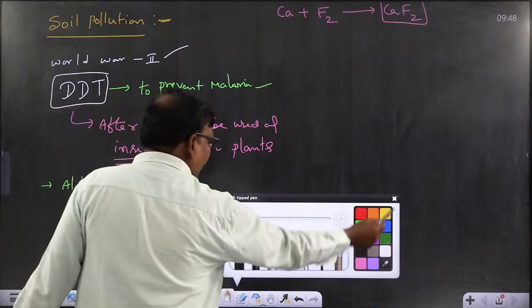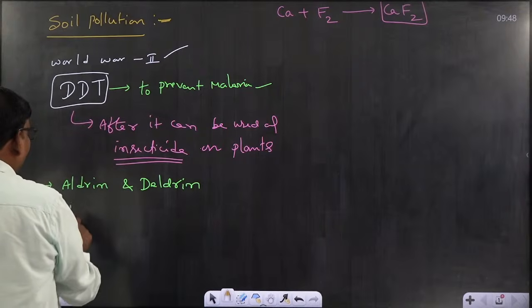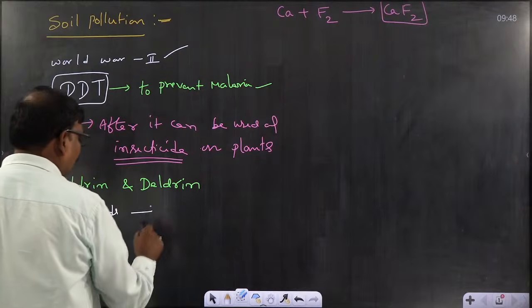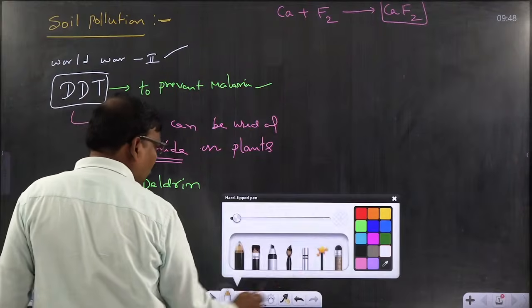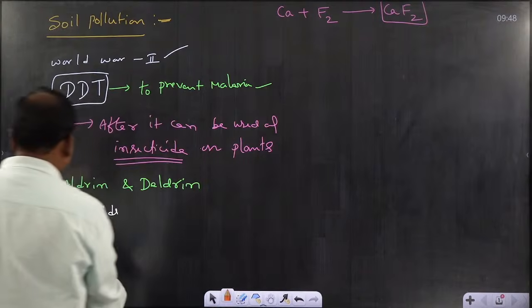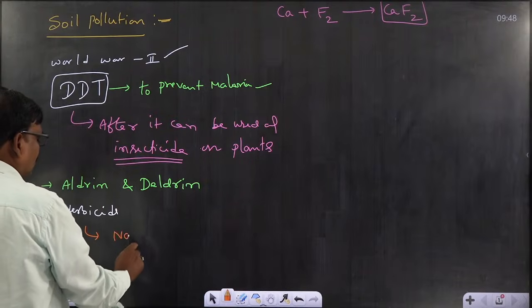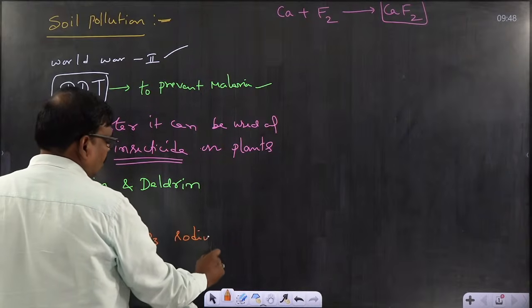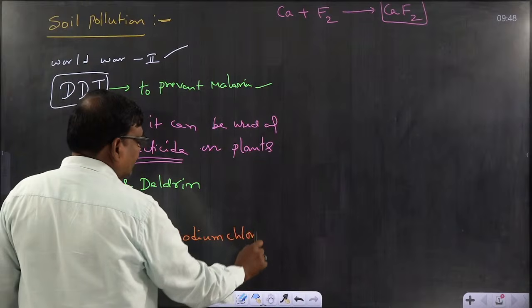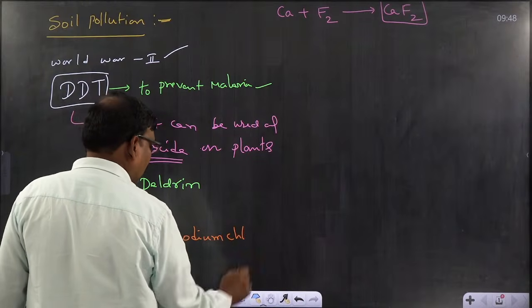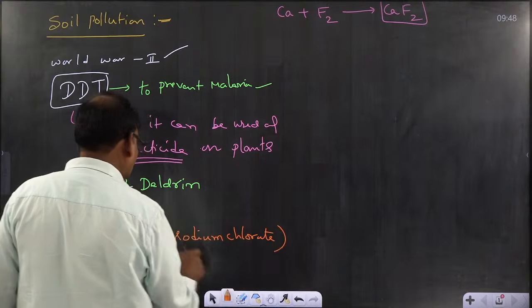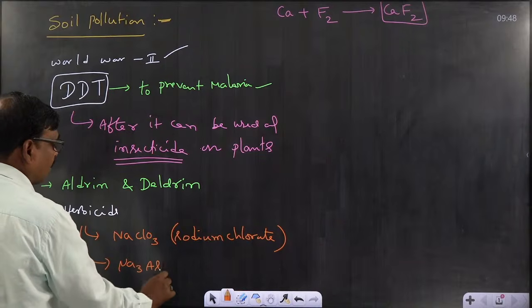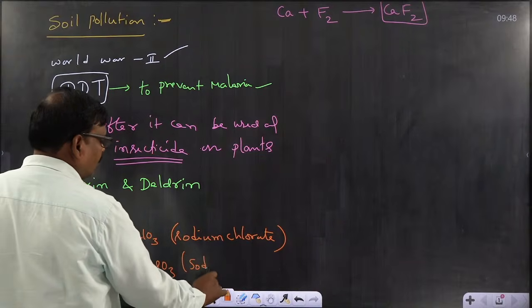Later on, some herbicides were also used. The further step is herbicides, for example sodium chlorate. We know the formula of sodium chlorate, NaClO3. Along with that, sodium arsenite, Na3AsO3.